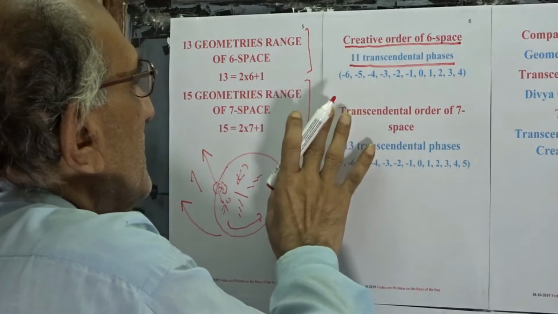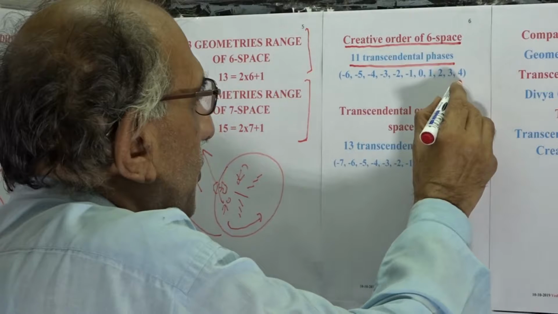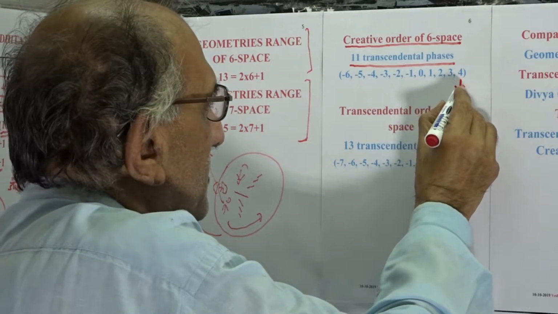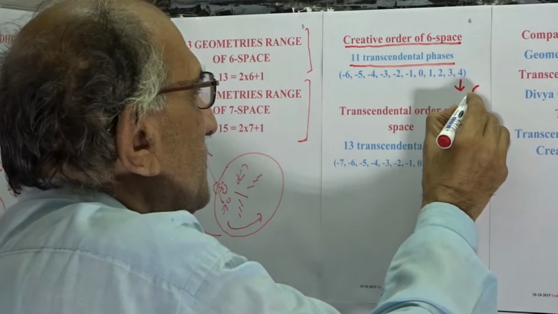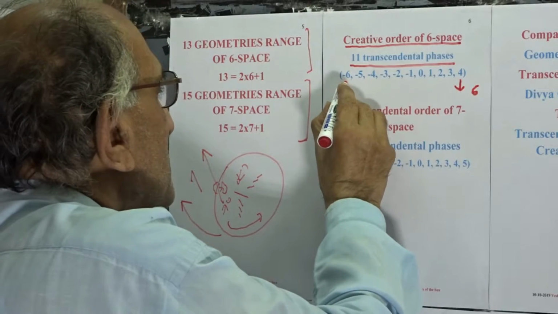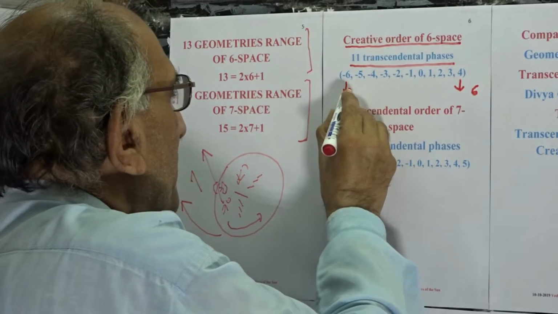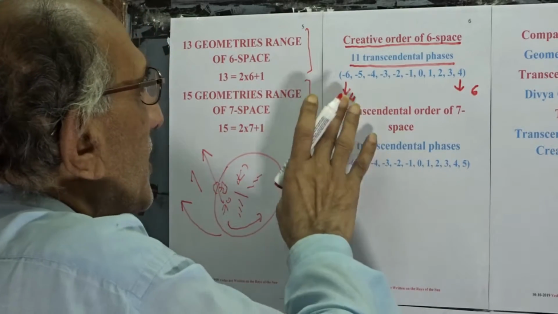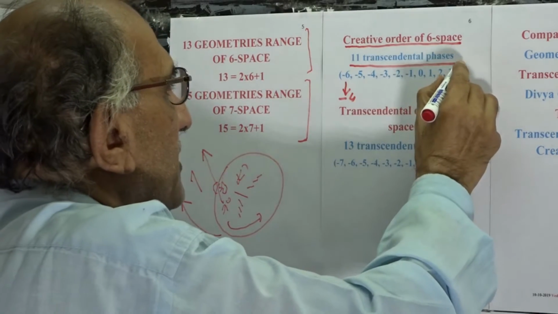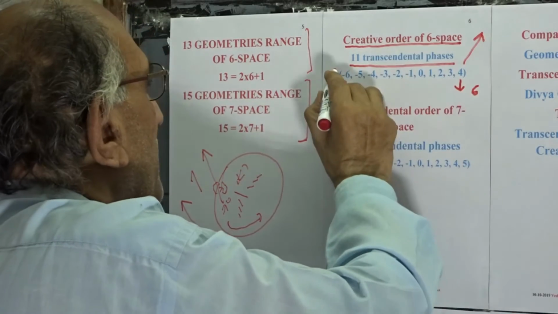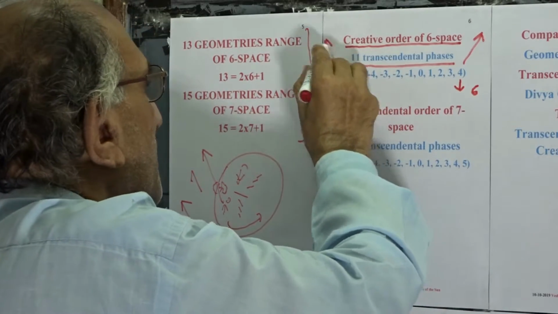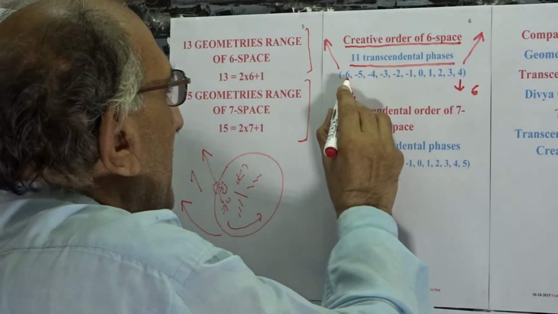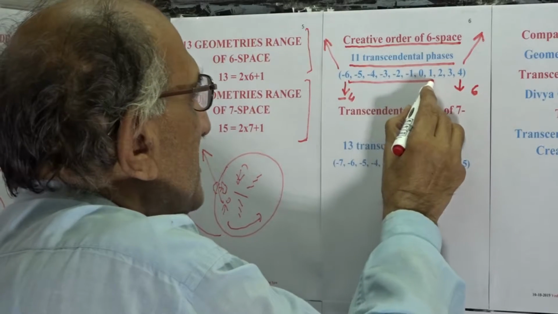It is like this, that we know 4 space plays the role of dimension of 6 space, and minus 6 space plays the role of dimension of minus 4 space. Now, reaching from creative order to negative self-referral order, we are having 11 steps.